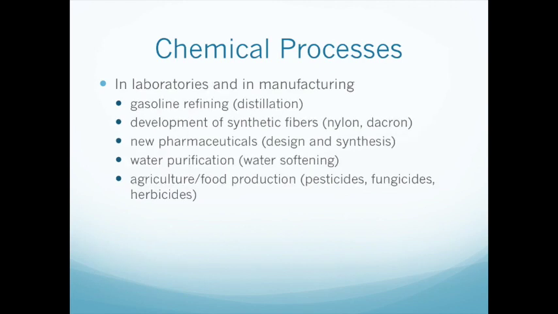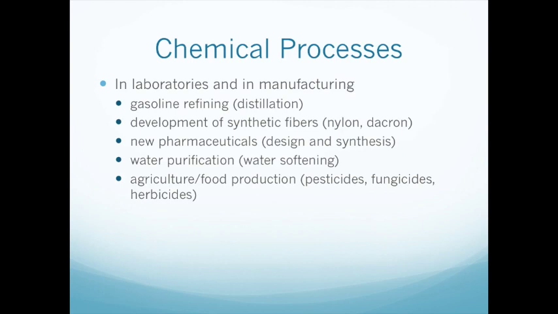Now, there are non-natural chemical processes which happen in laboratories and in manufacturing, such as gasoline refining or distillation. Also, development of synthetic fibers is a laboratory chemical process. The development of pharmaceuticals is often completed in industrial facilities. Some pharmaceuticals are derived from natural products, but many of them are heavily modified to make them more biologically active.